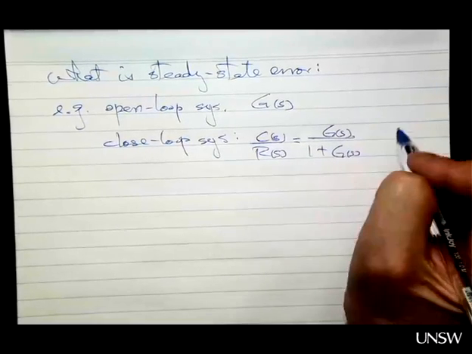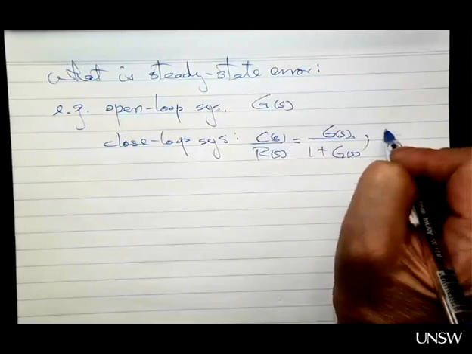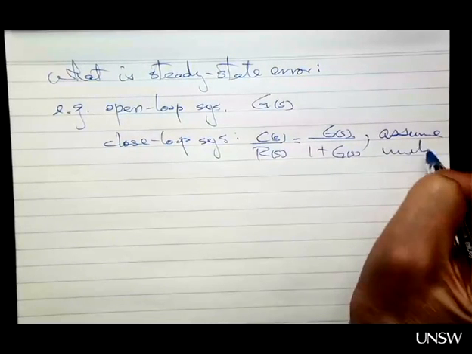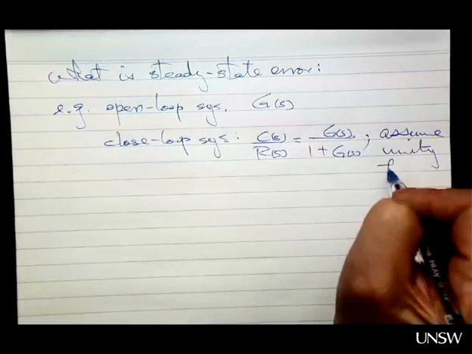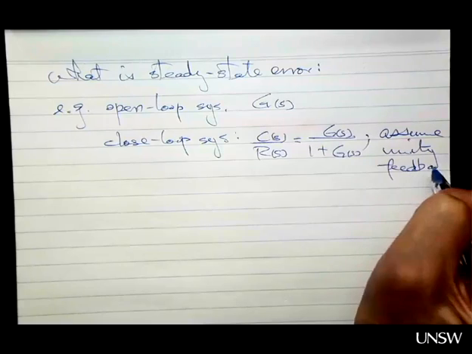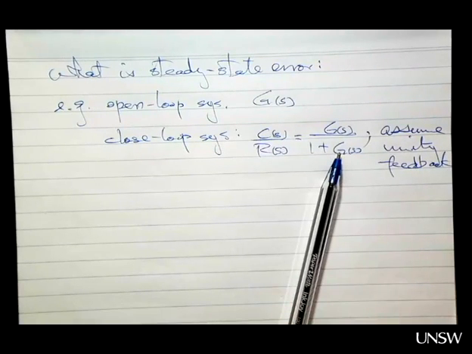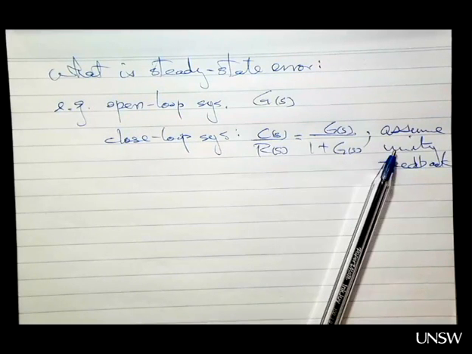Okay, here we assume unity feedback. Otherwise, we have the sensor, the H terms multiplied with the G. And then for the simplest case, we assume that the sensor is a 1, so we have the unity feedback.